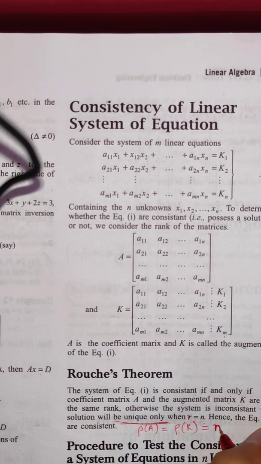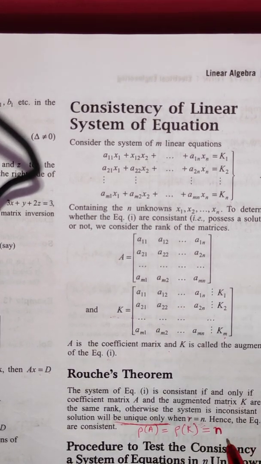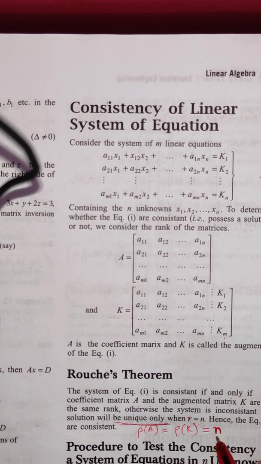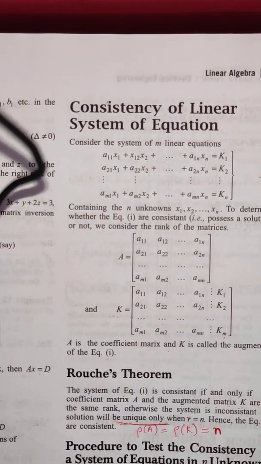This n is the number of unknowns, or you can say the number of columns of A. So this is Rouche's theorem.